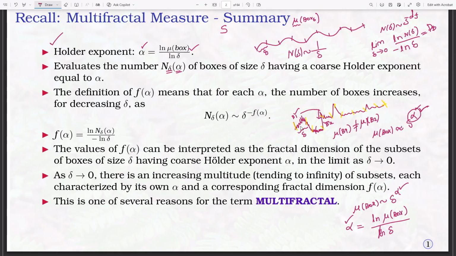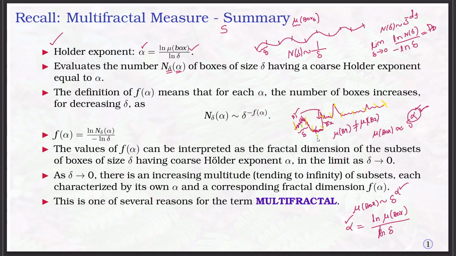Whereas here, if you are finding the measure of these boxes, they are not the same. Assume that 3 boxes have the same measure, and also here 1 dash, 2 dash, 3 dash. You can consider here the curve is like a linear curve. So here the measures are equal.